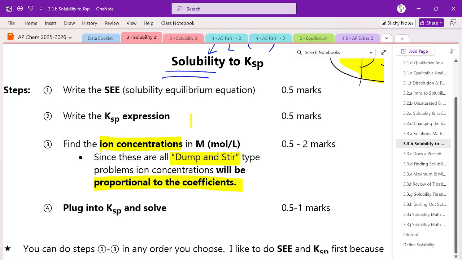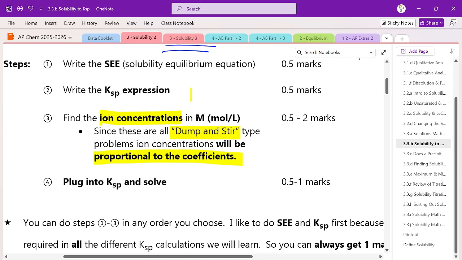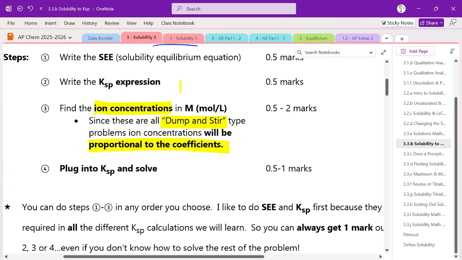I like to do the C and KSP first because they're required for all the different KSP calculations that we will be doing. And therefore, if you get a half a mark for one and a half a mark for the other, you're guaranteed to get 1 mark, even if you have no idea what to do next. If you're like, I don't know what type of problem this is.